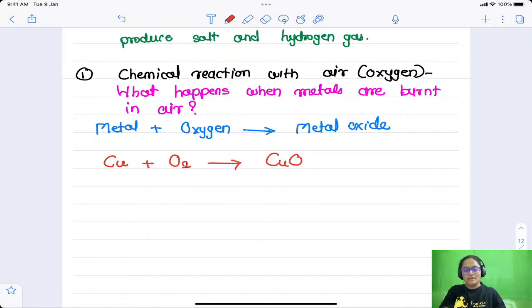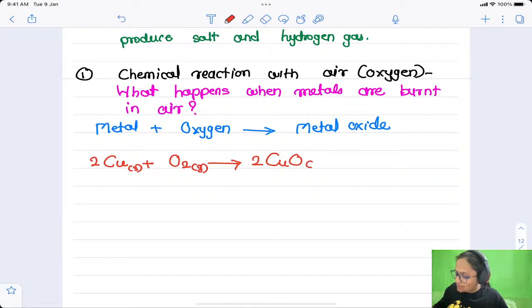Here you can see the reaction is not balanced. For balancing, I will put 2 here and 2 here. So when copper solid reacts with oxygen gas, we get copper oxide, which is also a solid.